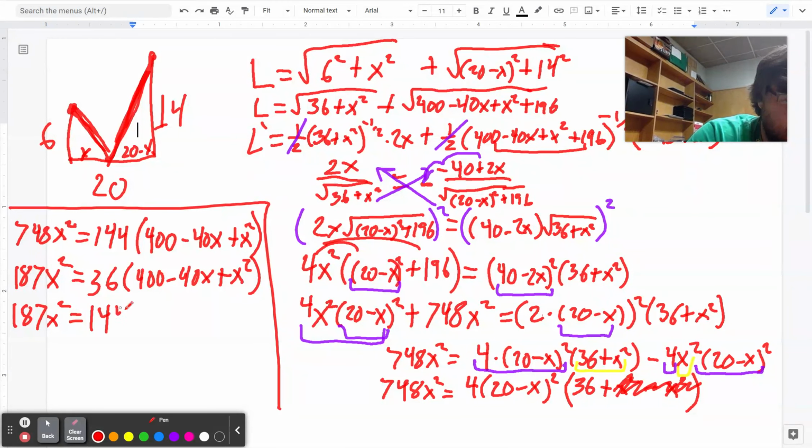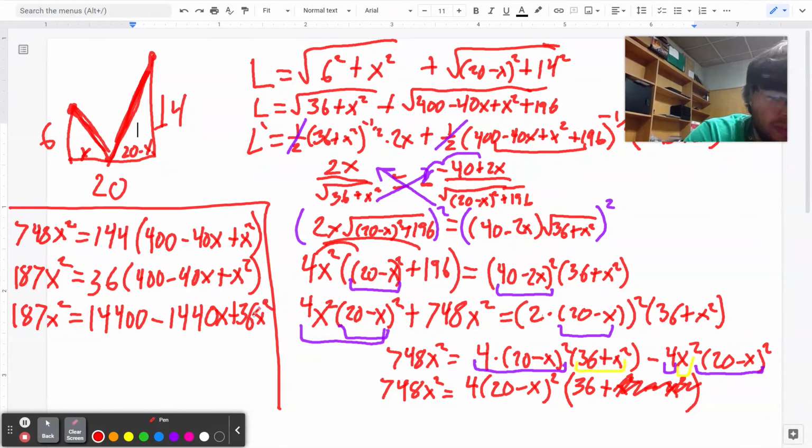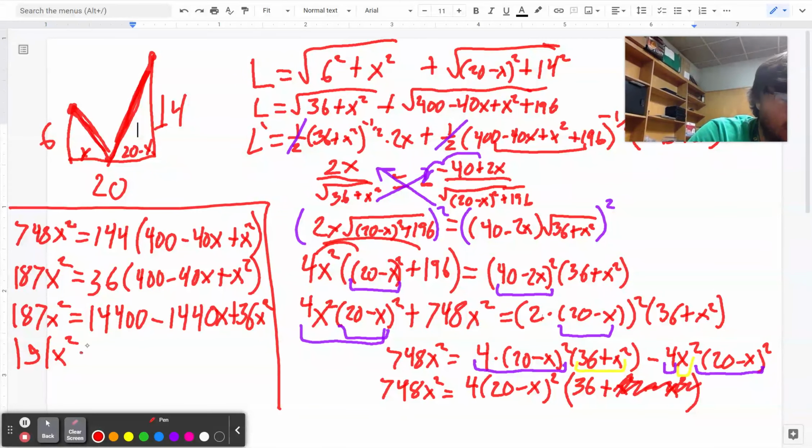Because these numbers are just disgusting. Maybe they made a typo with the numbers they were trying to do, because as I'm simplifying here, I'm using a calculator just to check some of my multiplications. I don't know why you would be expected to do this without a calculator.